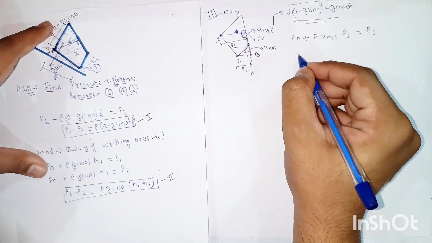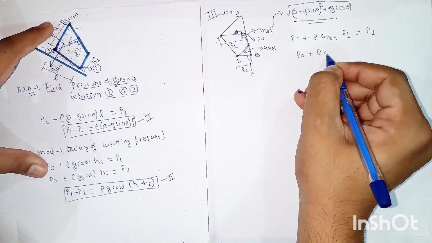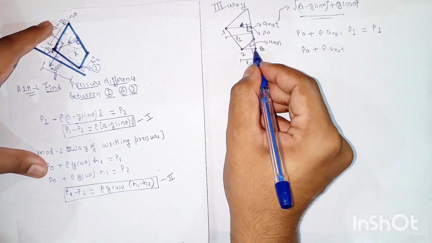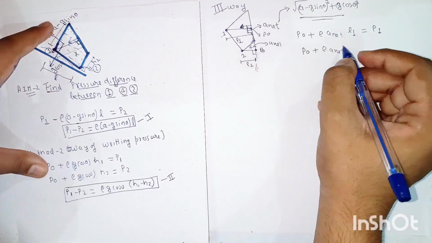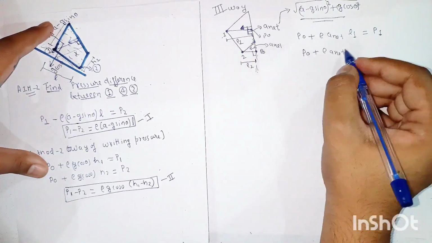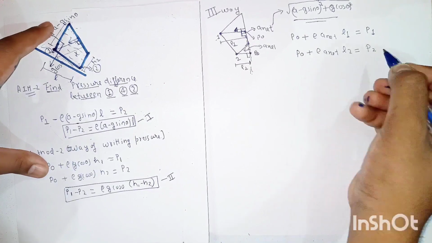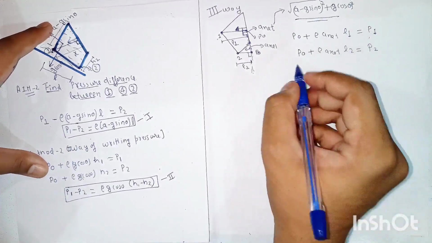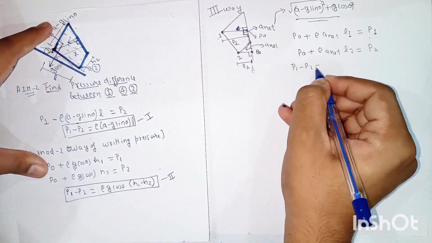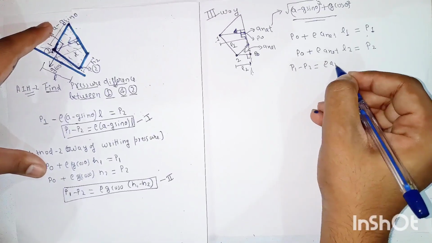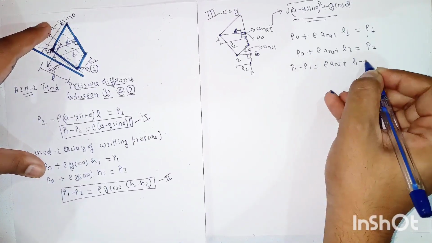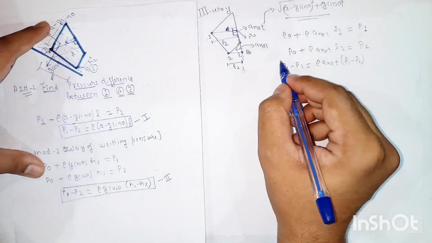So we will be traveling P0 plus rho a net in this direction. Here P0 is there. P0 plus rho a net into L2 is equal to pressure at point 2. Now let us take the difference: P1 minus P2 equals rho a net times (L1 minus L2). Okay.